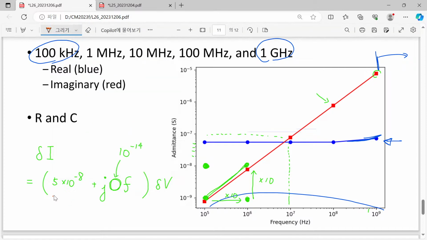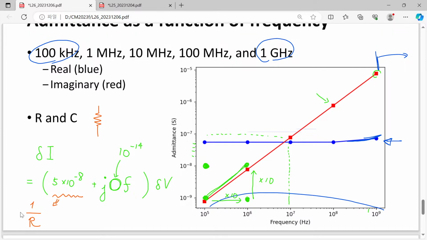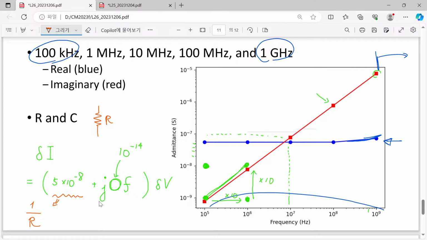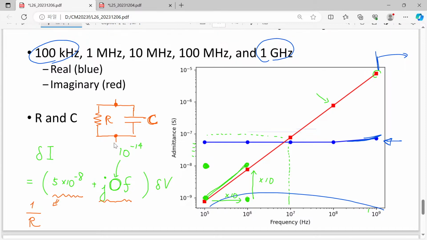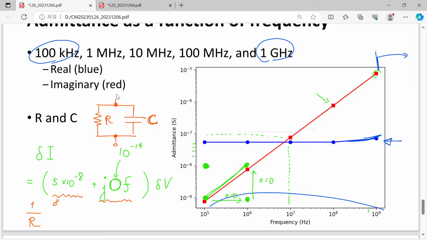This small signal component can be interpreted as the inverse of a certain resistance R, and here we can also see that there is another conduction path which is proportional to omega, or frequency, corresponding to our capacitance C. So now you can easily understand the behavior of our PN junction biased at 0.5 in this form.